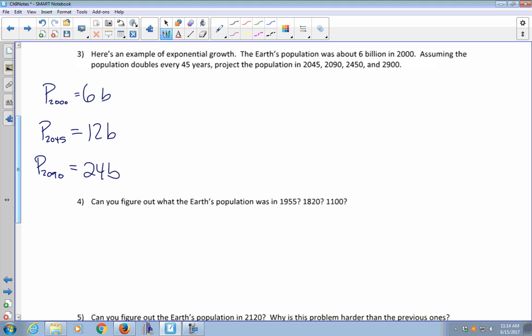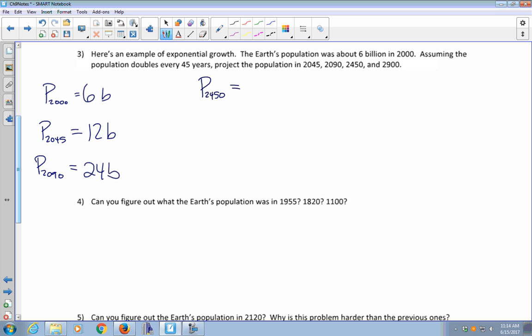Now 2450, the population in 2450, I need to know how many sets of 45 have passed since the year 2000. So I'd say, okay, well, 2000 to 2450 is 450 years. Divide that by 45, and I get 10 sets of 45 have passed.